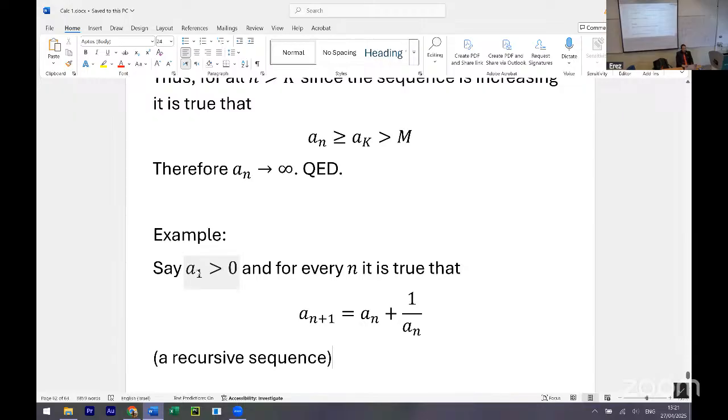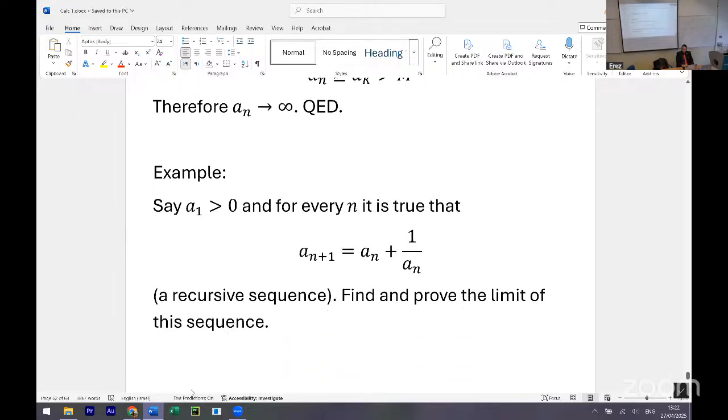I just told you that it is positive. So you cannot know exactly what the sequence is, but the question is nevertheless to find and prove the limit of this sequence. So it looks like a bit of a hard thing to do.